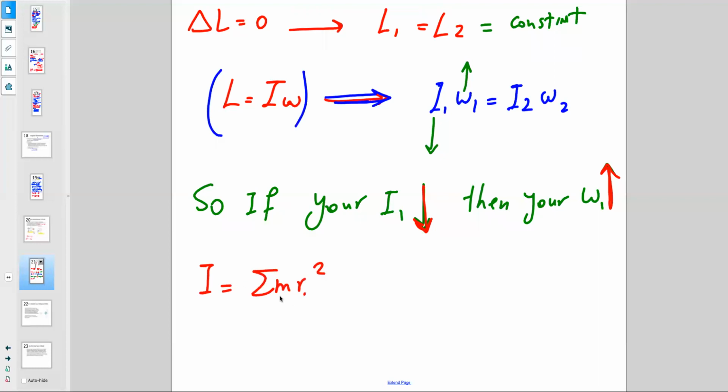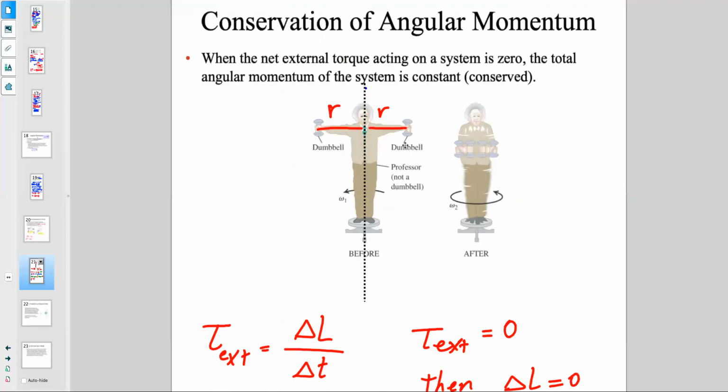So if r is decreasing, then I is decreasing. In other words, when you are holding two objects in your hands at arm length, and you are not interacting with anything else in the universe, the net external torque on you is zero. You are closing your arms, you are reducing this I. So this R is decreasing, then I is decreasing, and omega should increase. That's why you're moving faster, because the L should be constant.